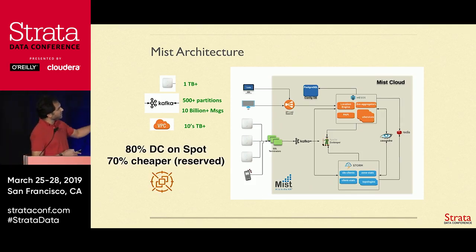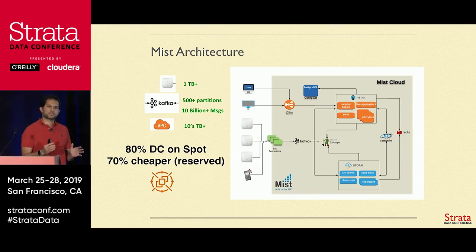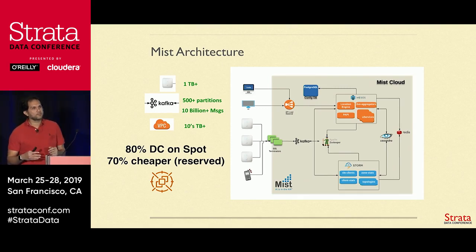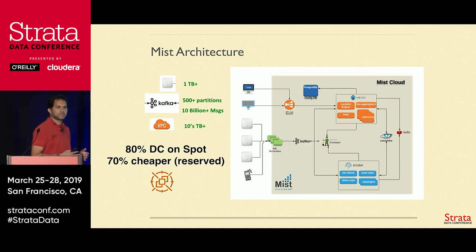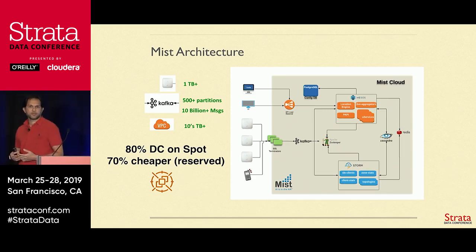And just to set some context, we are a company who are very big on reliability. And 80%, or actually even these days probably more than 80% of our entire production data center, runs on these Amazon Spot instances, which are volatile in nature. They come at a significantly reduced price.